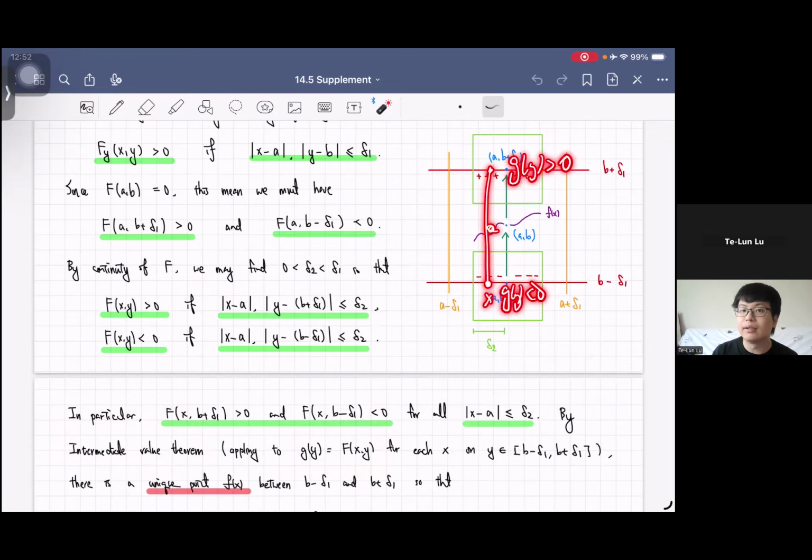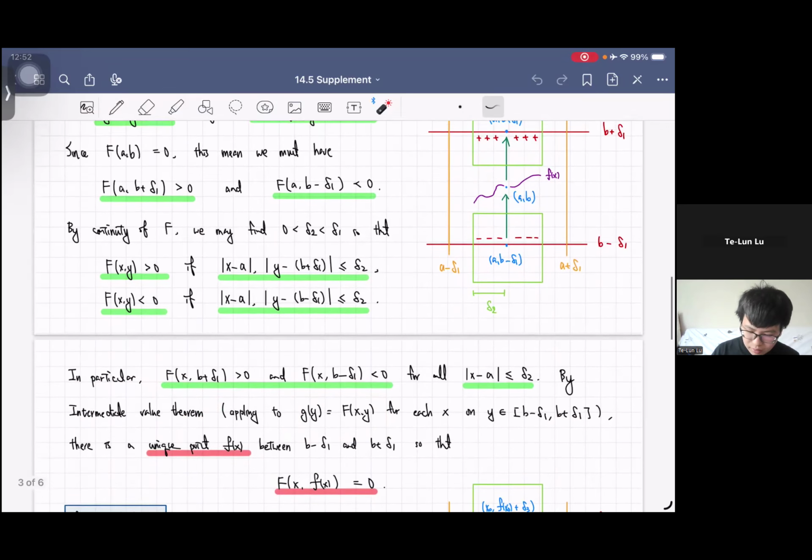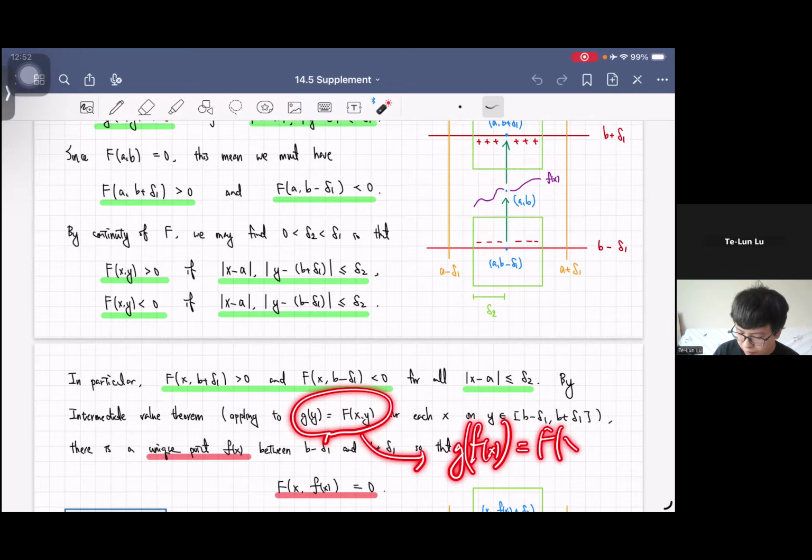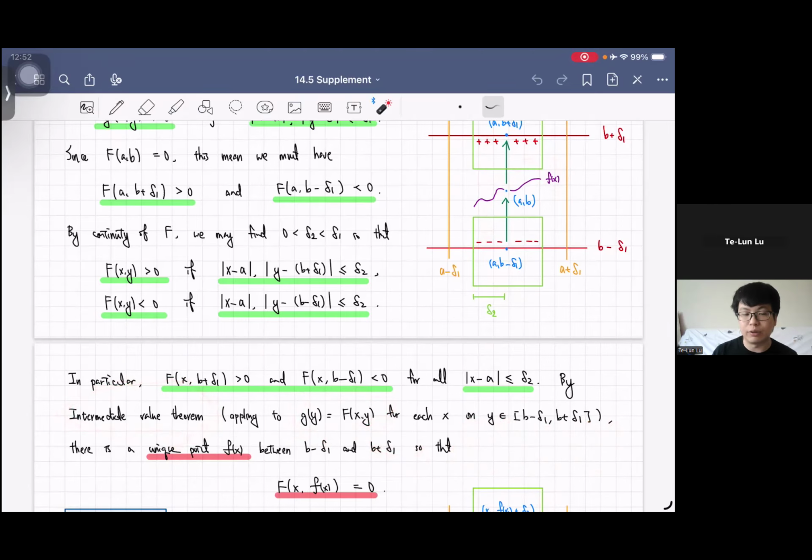So somewhere here will be 0, right? And that shows the existence of the function, because we can construct f(x) by the particular root of that g(y). Basically, if we set this function, then f(x) is some point so that you have g(f(x)), which is f(x, f(x)), being 0. The intermediate value theorem ensures that such a point exists.